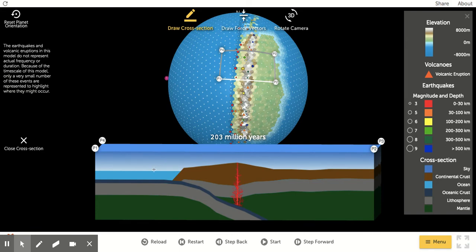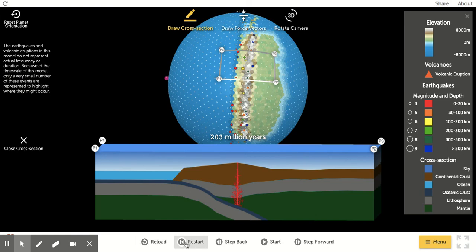Our ocean plate, which is more dense, is running underneath our less dense continental crust. This is our ocean crust out here, and this is our continental crust over here. So the ocean crust is more dense. It's sinking underneath our less dense continental crust. This is the setup that we have going on.